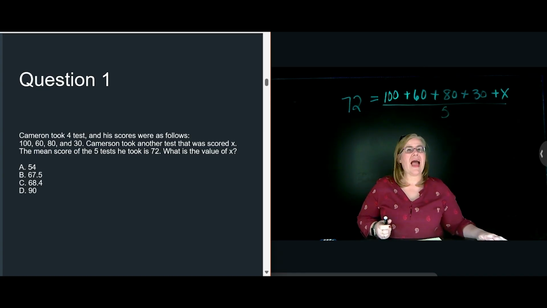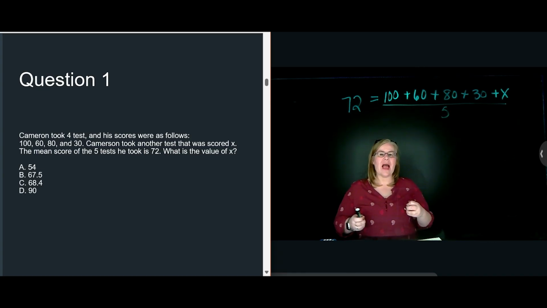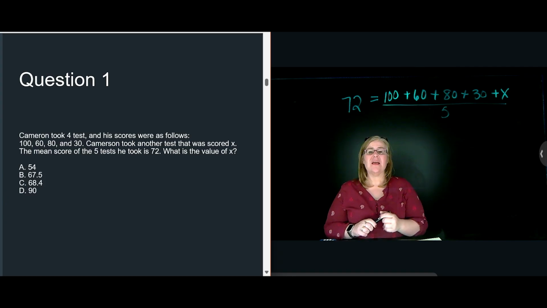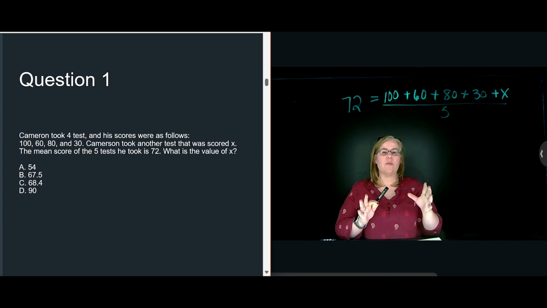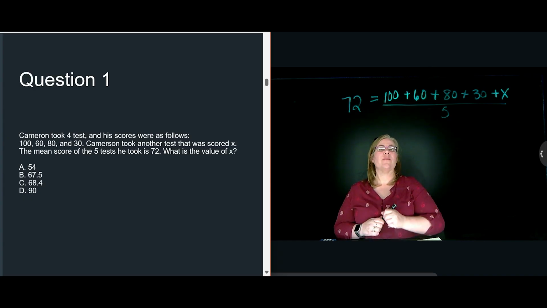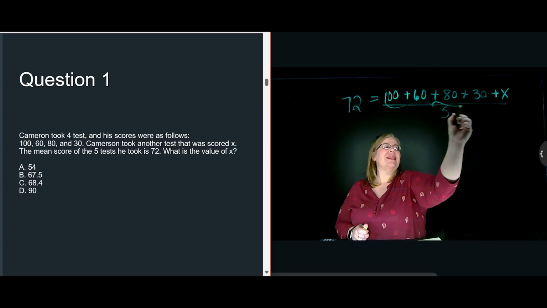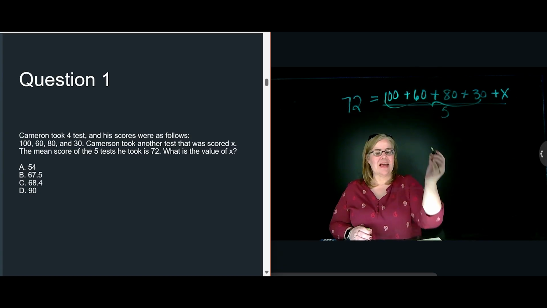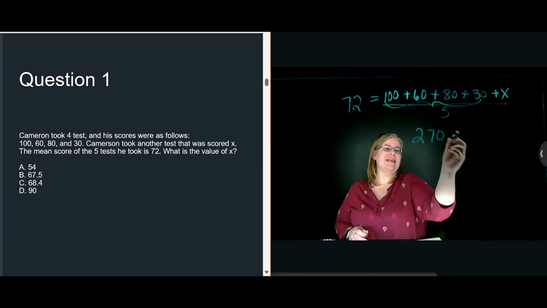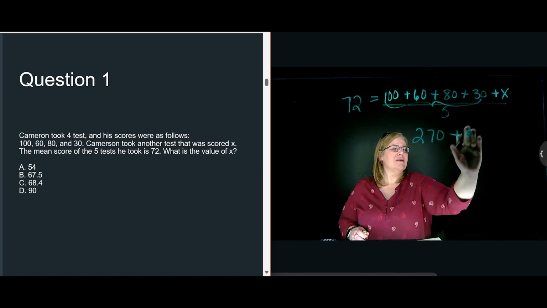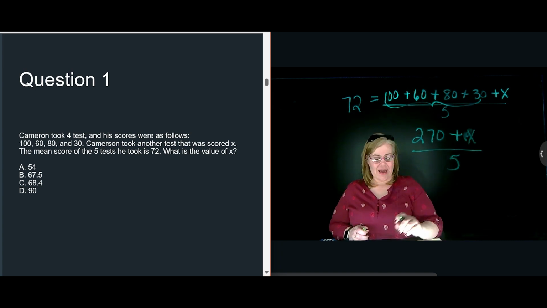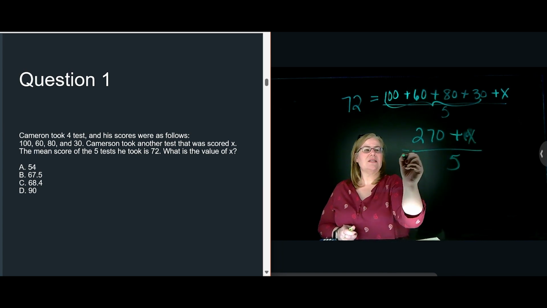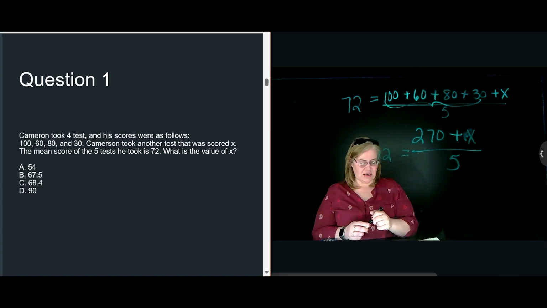So knowing how we find the mean, knowing how we find that average, let's go ahead and get some of these numbers to a prettier state so we can really focus on what the X is. So when I look at these, I'm going to add them together and I get 270 plus my X divided by my 5, and that's going to equal my 72.